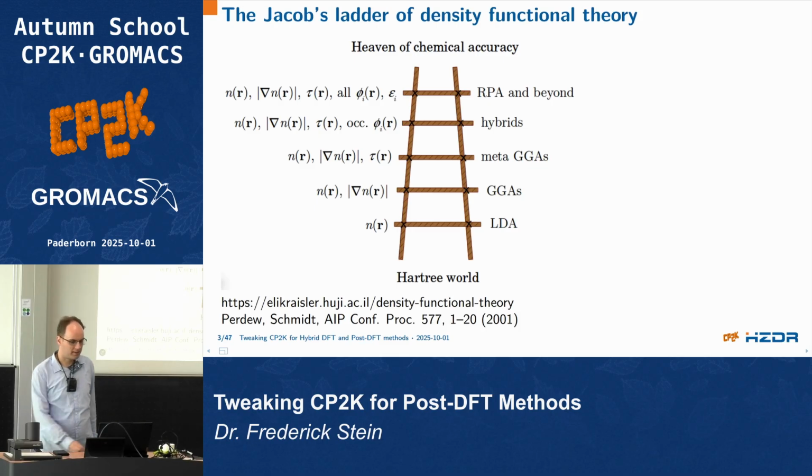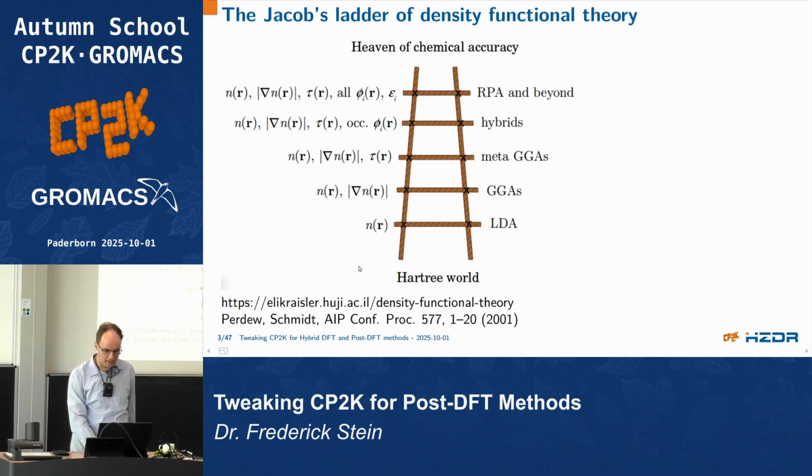And actually we start with the Hartree world, so we forget about all the quantum mechanical aspects of the electron-electron interaction, setting the exchange-correlation functional to 0. So here we are on Earth in the Hartree world.